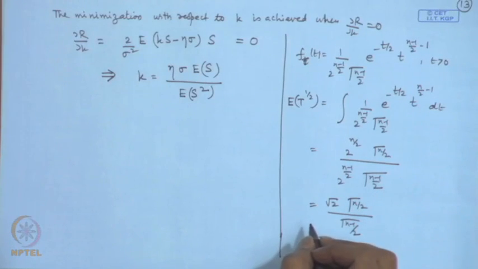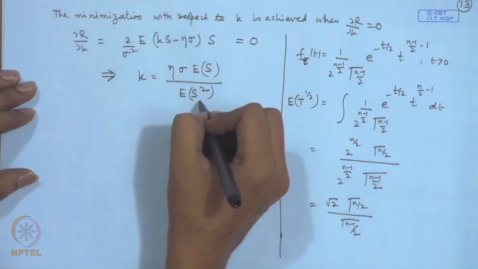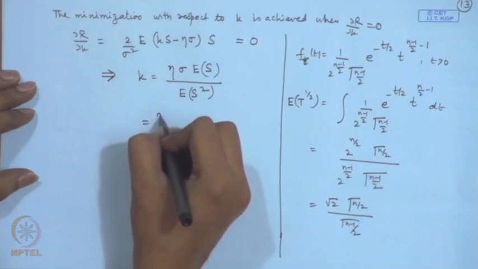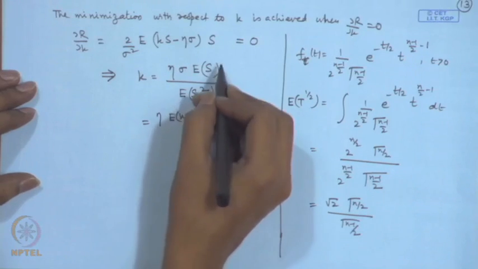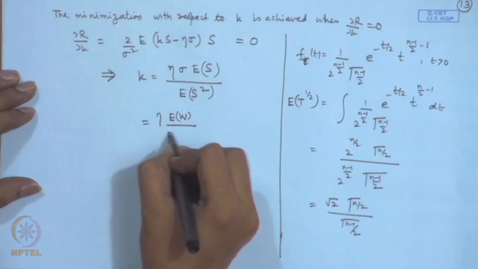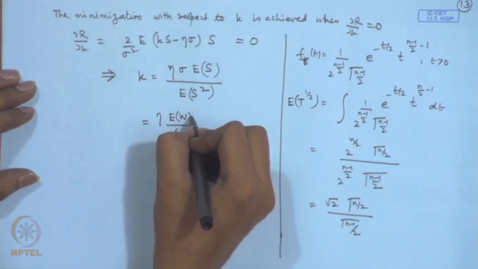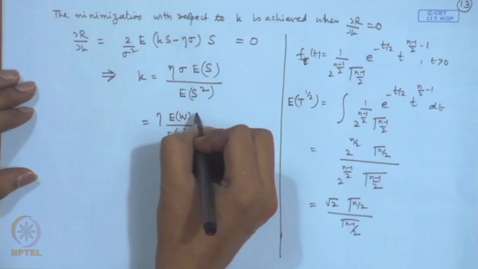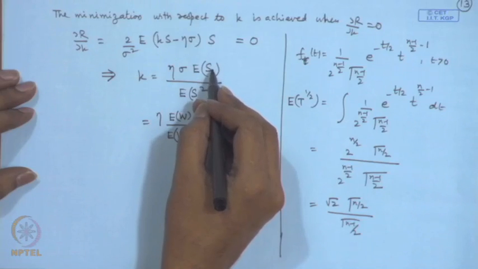Now, here we can consider s by sigma and s square by sigma square. So, this is reducing to expectation of w to the power half divided by expectation of w, because here I get s by sigma.